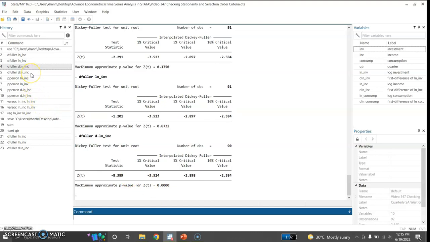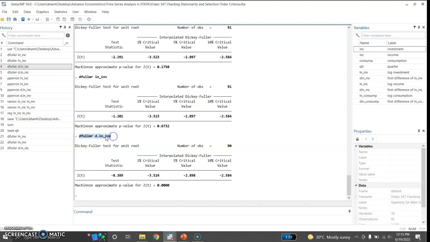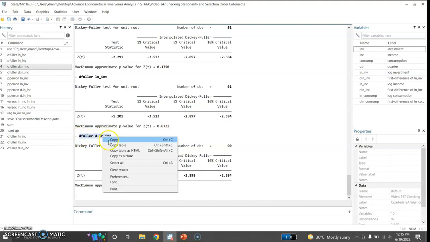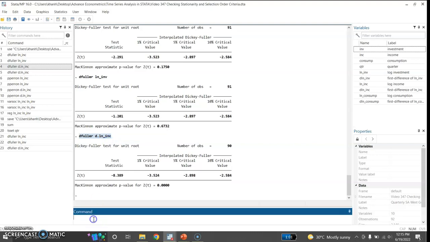Similarly, I can also check the same for the first difference of the log of investment, and instead of income I am using investment, and this also is now stationary because the p-value is less than 0.05.